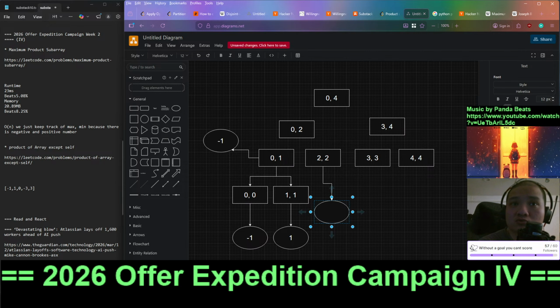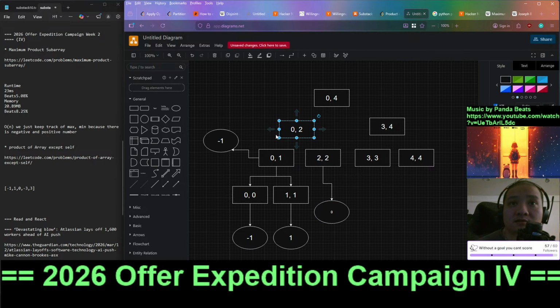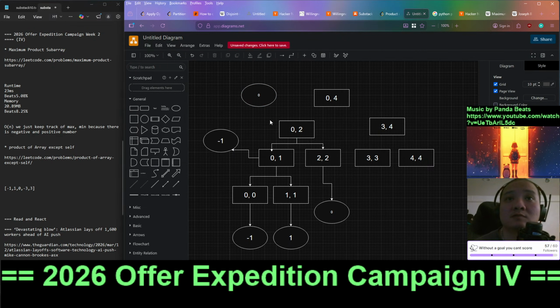Two, 0, right? So does that mean these multiplied together is 0, right?